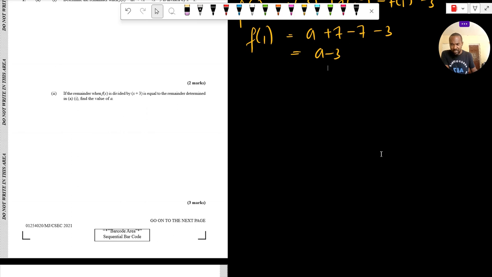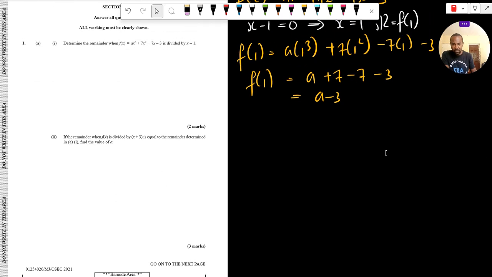Now it says if the remainder when f of x is divided by x plus 3 is equal to the remainder determined in ai, find the value of a. Now read this again. If the remainder when f of x is divided by x plus 3 is equal to the remainder determined in ai, which is what we just determined, find the value of a.